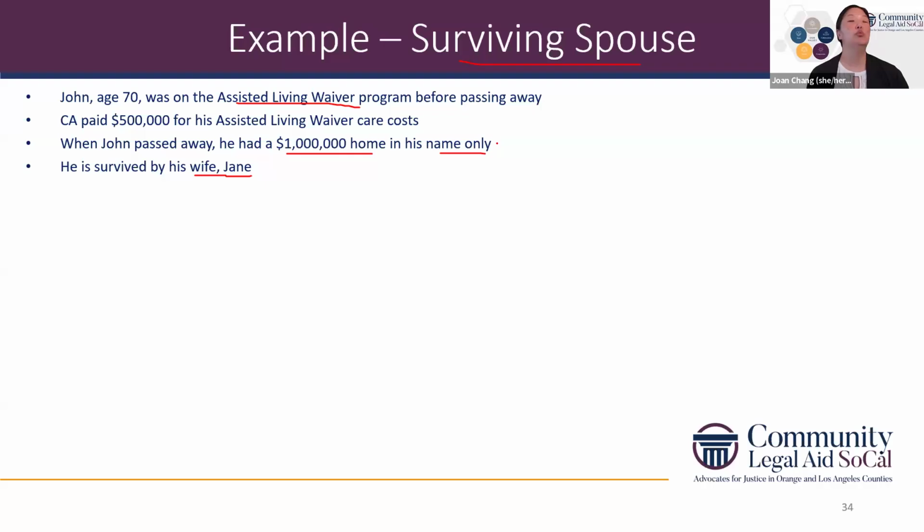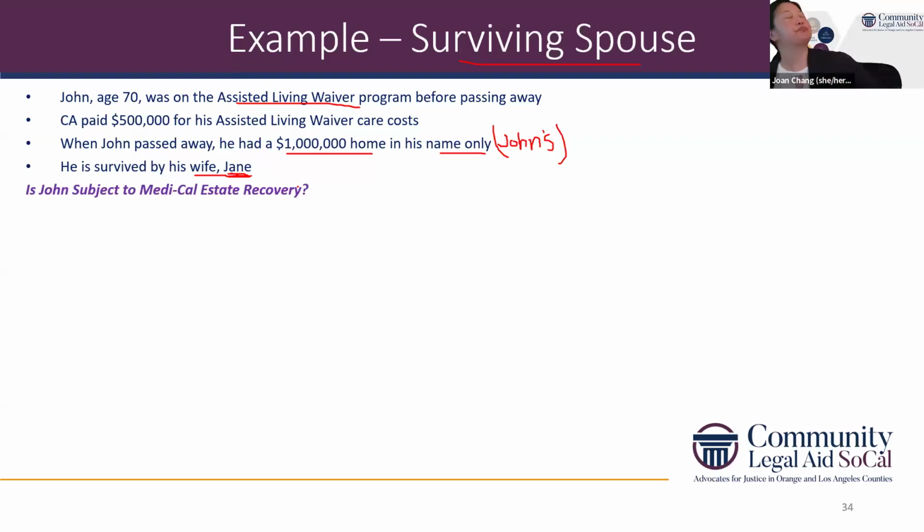The home was only in John's name, not Jane's name, just John's. And he is survived by his wife, Jane. All right, we're looking at John and Jane now. Is John going to be subject to Medi-Cal Estate Recovery? Yes or no? This is kind of a tricky answer. I think the answer is yes.